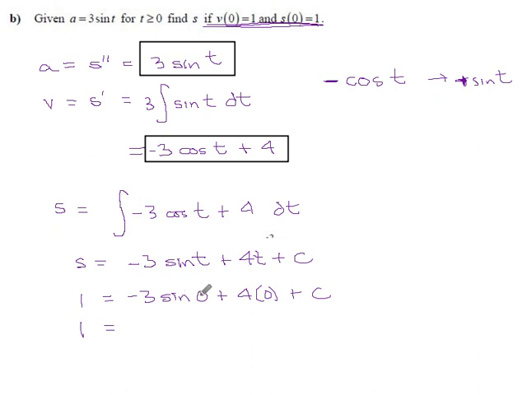The sine of 0 is 0. The -3 doesn't matter. Plus 4 times 0 plus c. Okay, so c really is 1. And that means our position function, the thing we were supposed to be finding, is -3 sine t plus 4t plus 1.